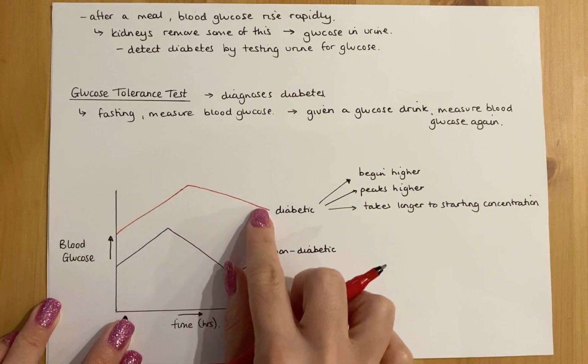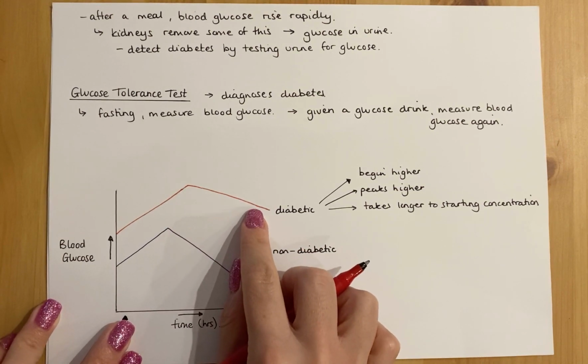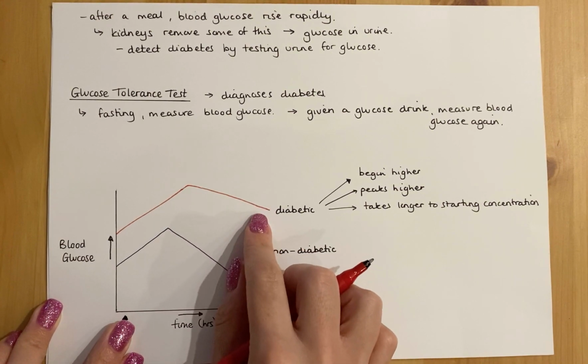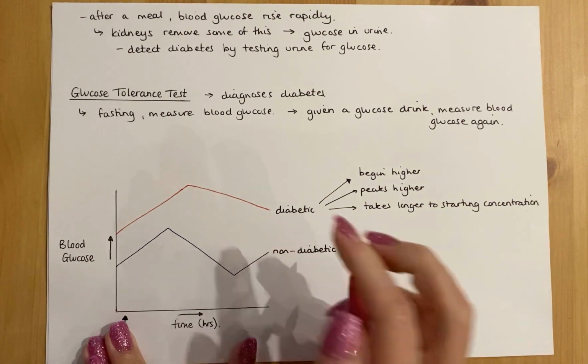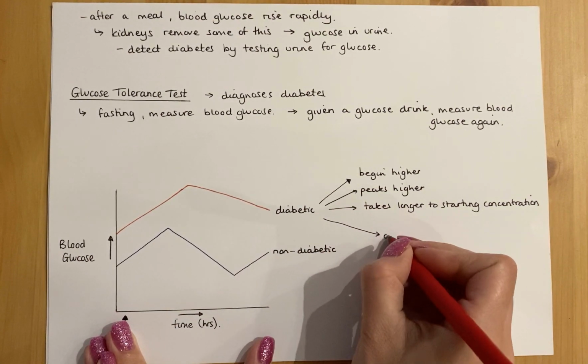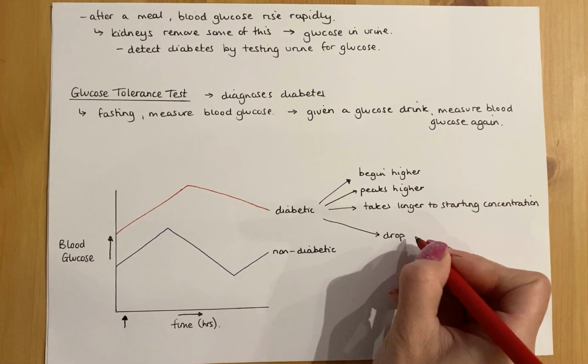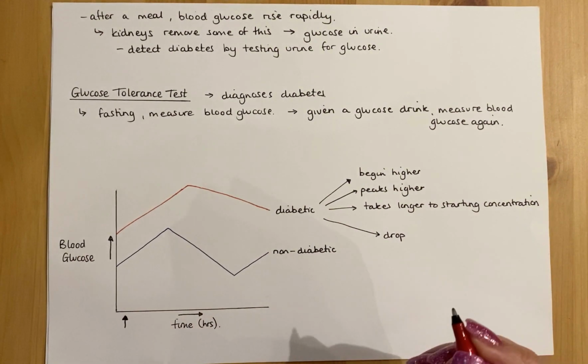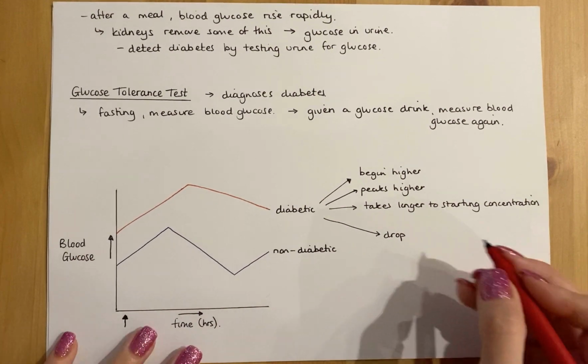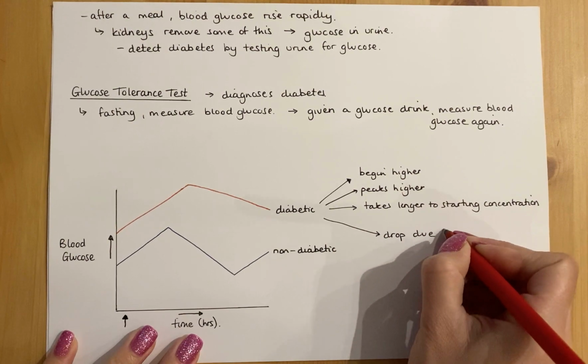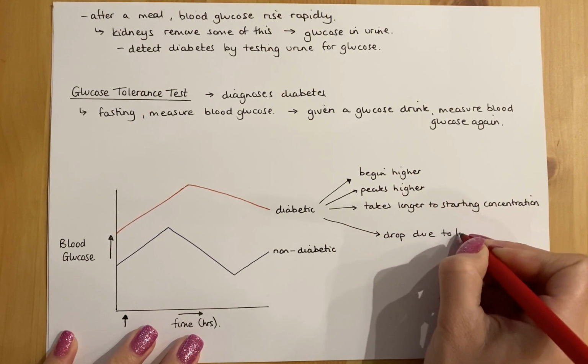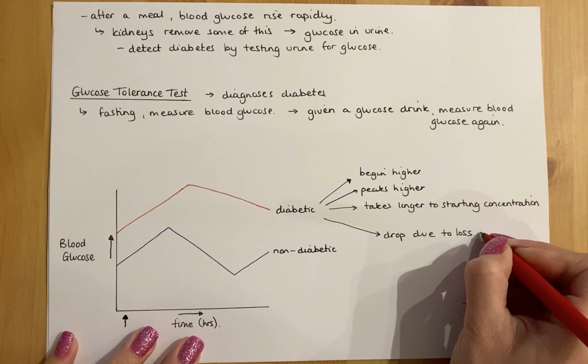Now, the reason why this is going down in a normal person would be due to the effect of insulin. But in a person with diabetes, that drop is typically not due to the effect of insulin, but because that glucose has been lost in the urine.